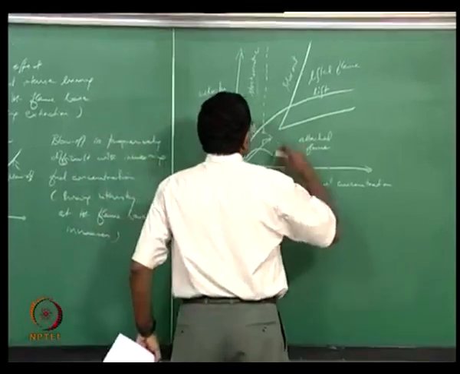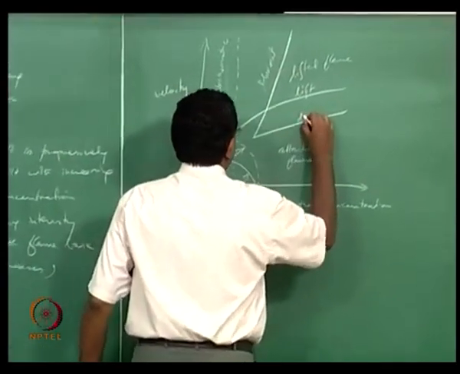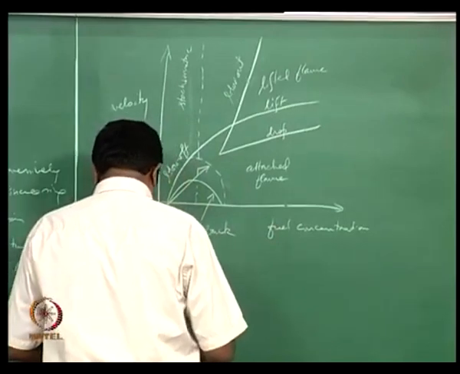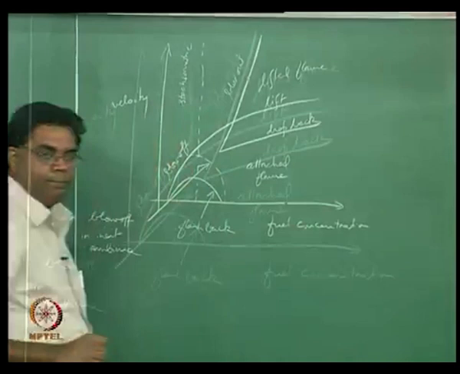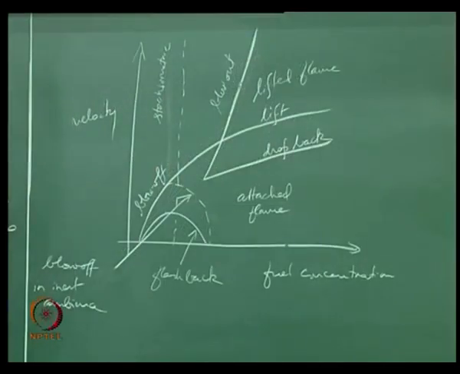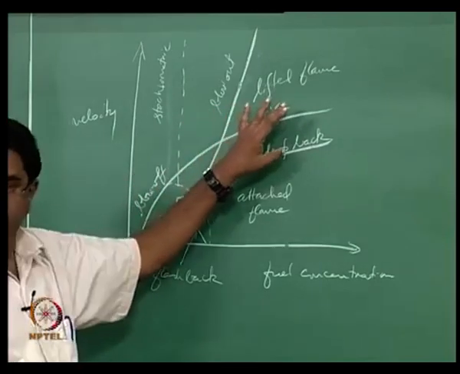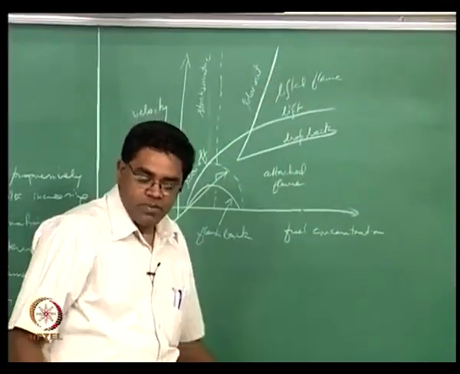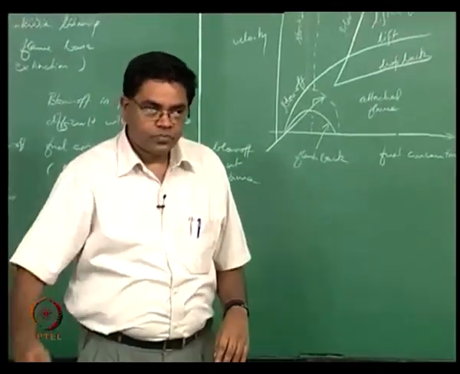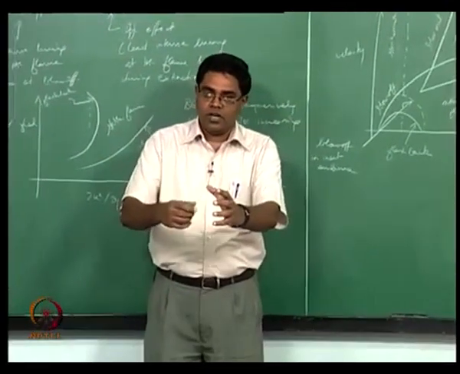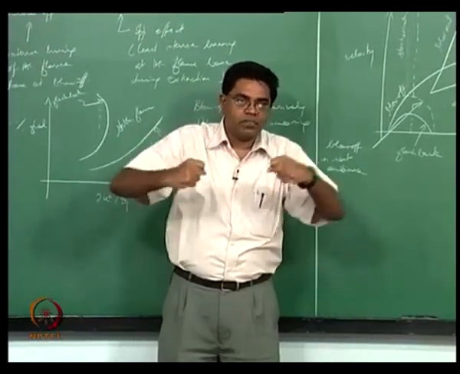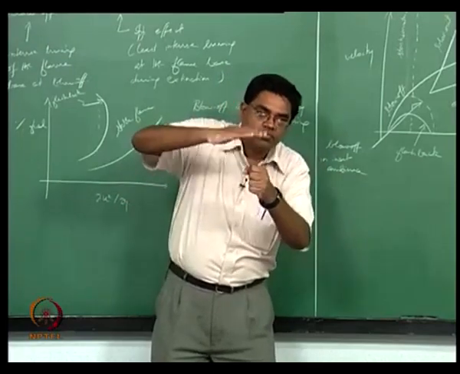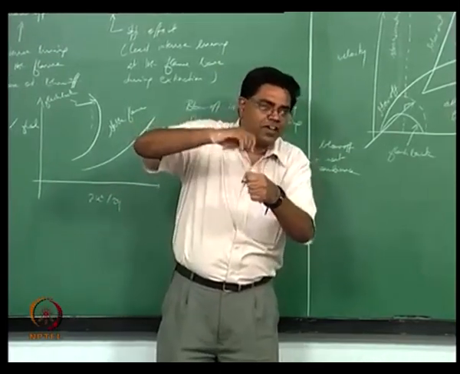And interestingly, this curve corresponds to what is now called a drop off or a drop back. What does that mean? If you now have a difference between these two, what that basically tells you is, if I now have a burner and I keep on increasing my velocity and I now have the attached flame trying to desperately hold on to the burner, it's kind of like an elastic thing, right?